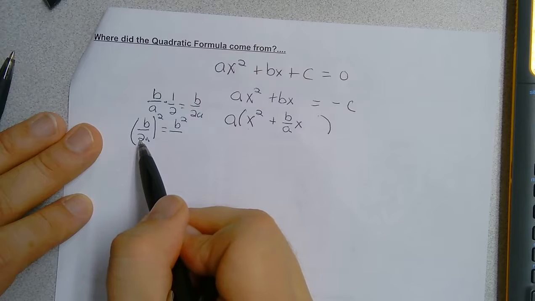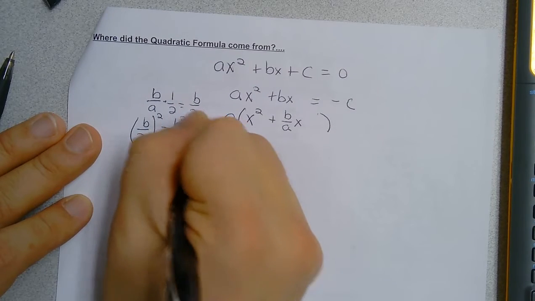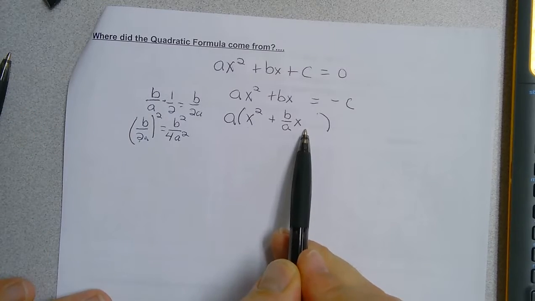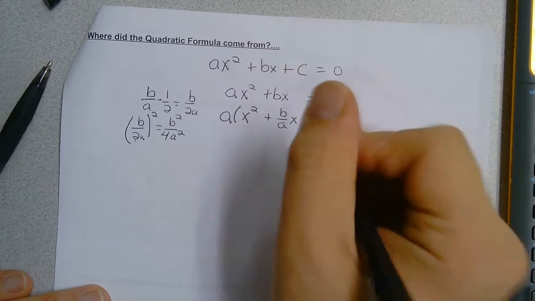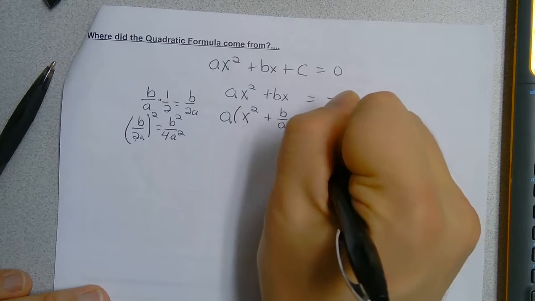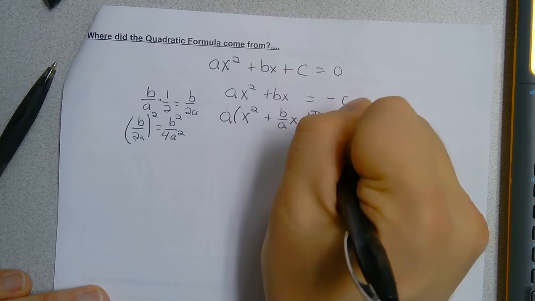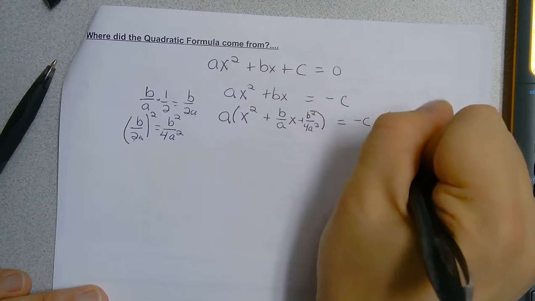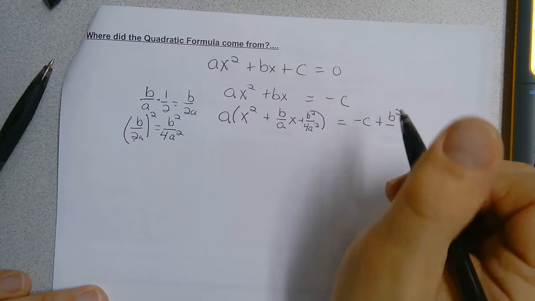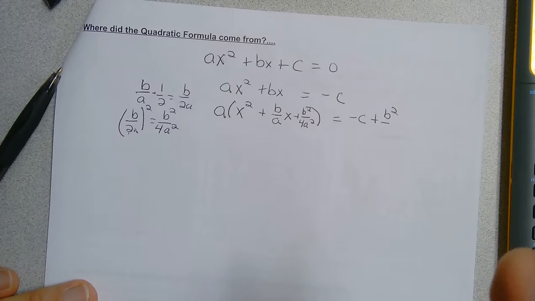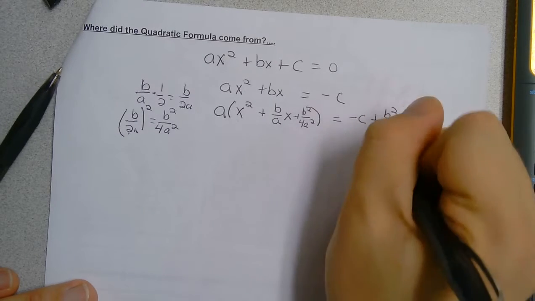I'd square the 2, so I'm going to get 4 and then a squared. So I'm actually going to add that to both sides of my equation. So I'm going to add b squared over 4a squared. And then we're going to have negative c plus b squared over 4a squared.